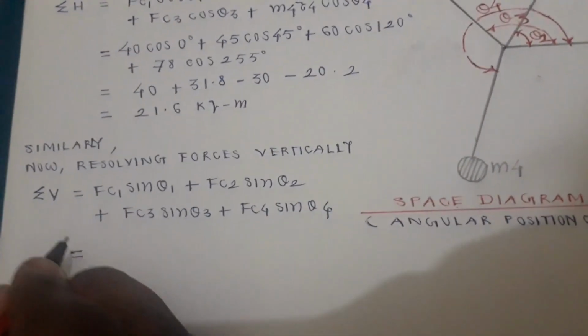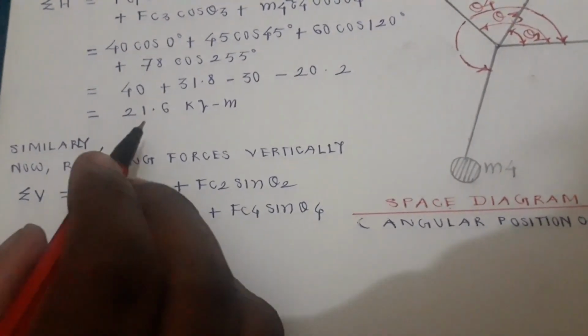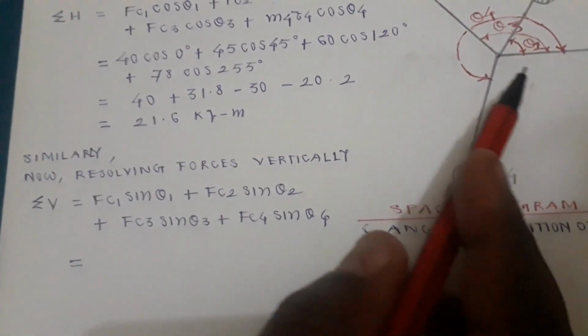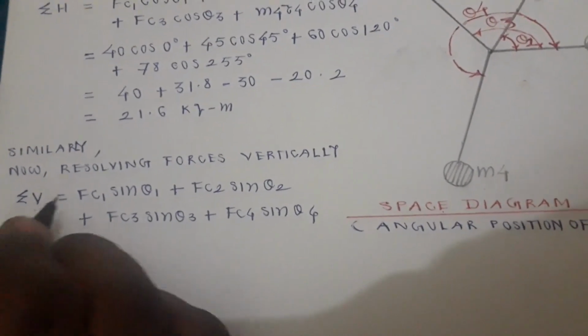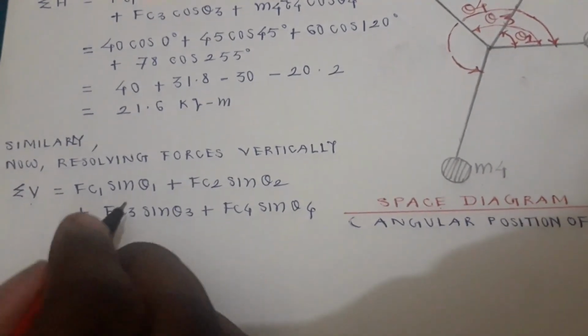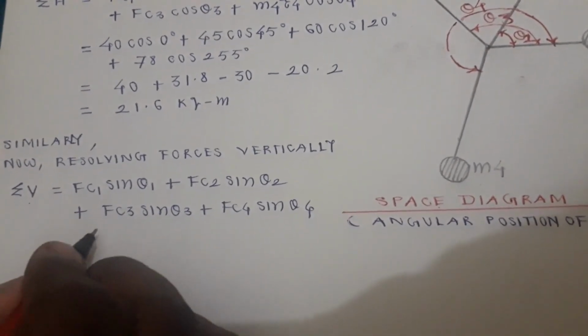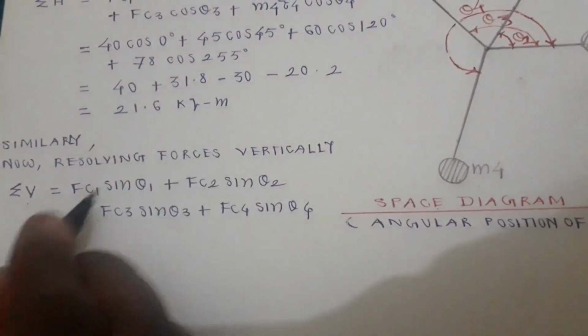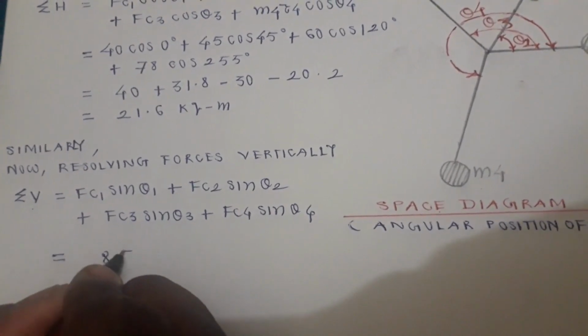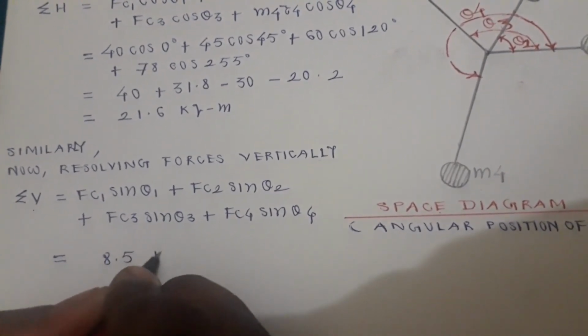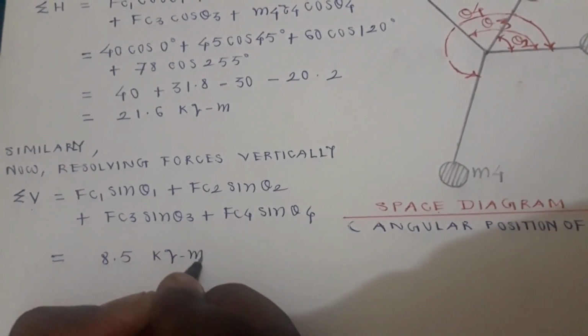So here if you calculate, by putting all these values we will get the summation of all the vertical forces in terms of kg meter. So by solving we will get 8.5 kg meter.